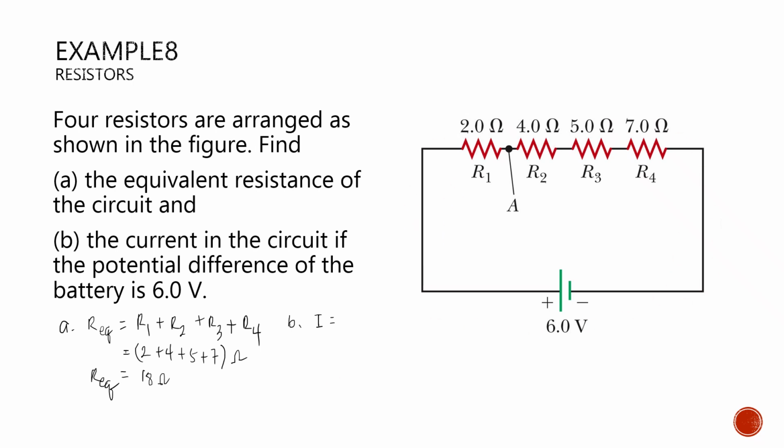Using Ohm's law, I is the ratio of voltage or potential difference to the equivalent resistance for the circuit. So that's 6 volts over 18 ohms, or 6 over 18, or 1 over 3. Since the units are already in volts and ohms, automatically the unit for electric current is amperes.